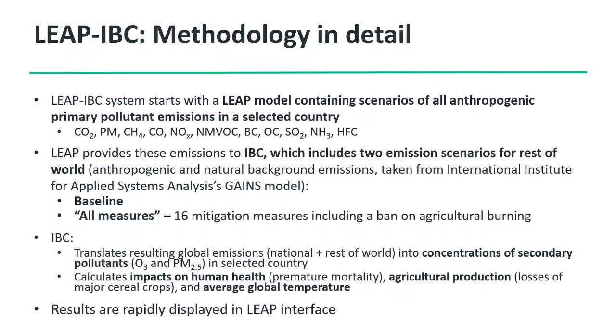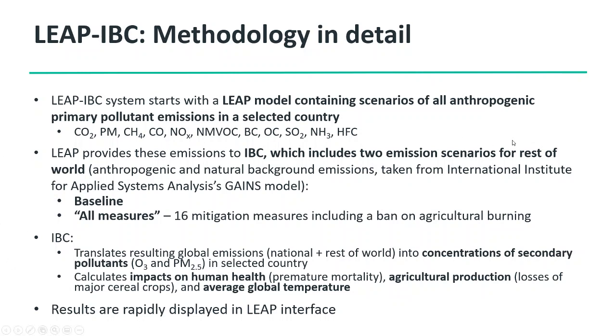Within the IBC calculation, we also need to capture the emissions coming from outside our city or outside our country, because the air quality in Chwane is not just determined by Chwane, it's also determined by other emissions in other areas of South Africa and of other countries as well.